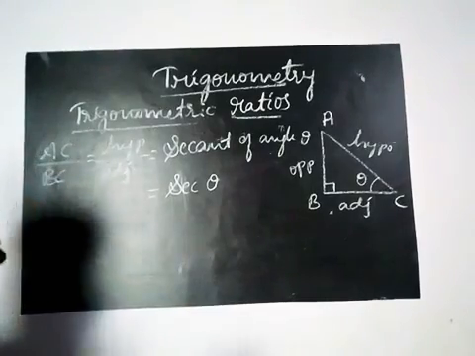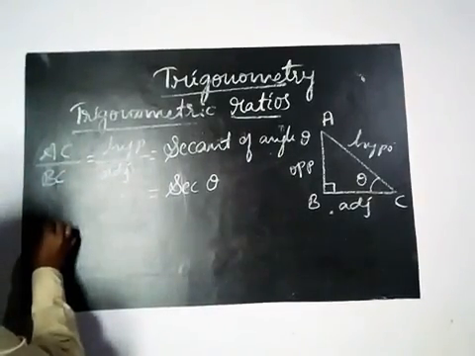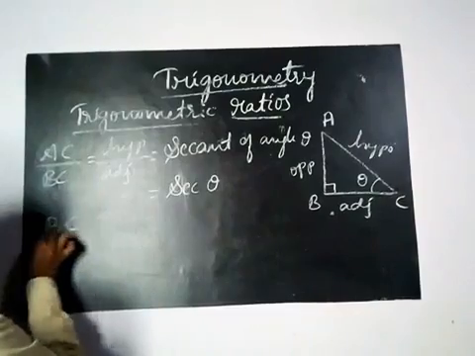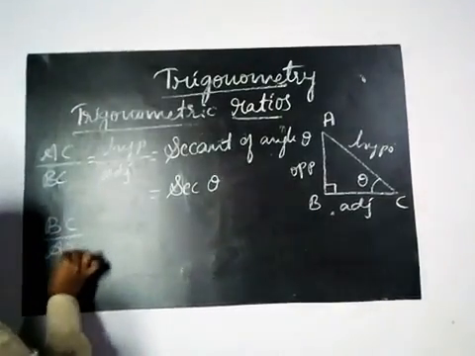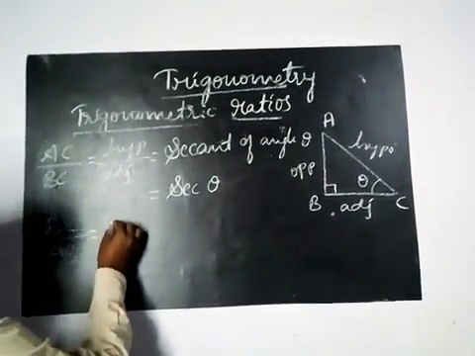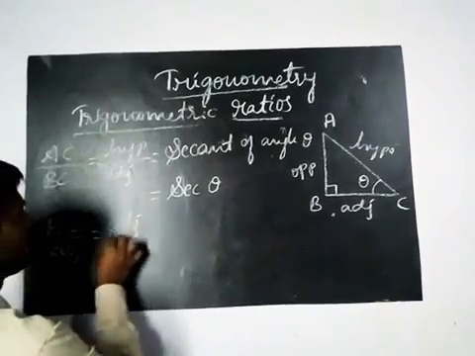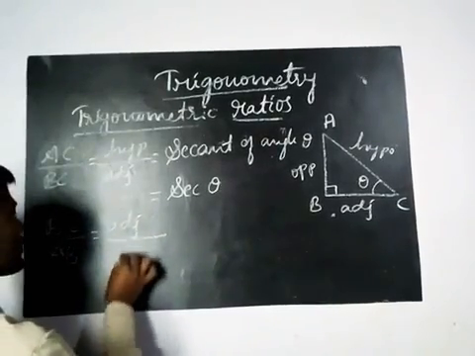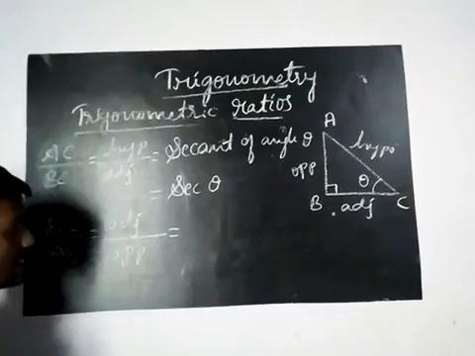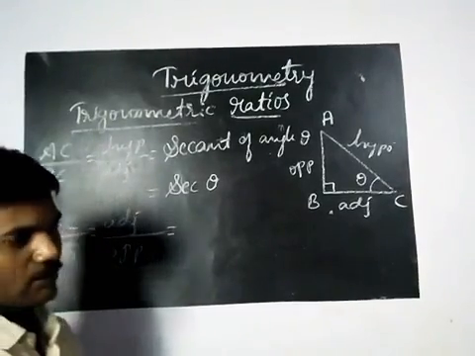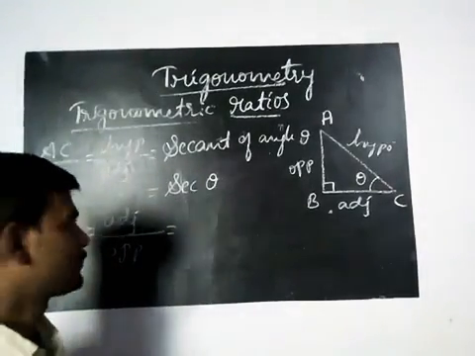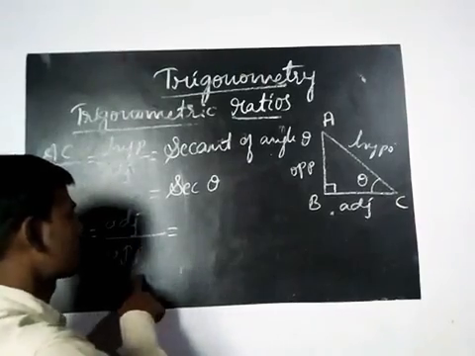And the next ratio is BC by AB. BC is adjacent and AB is opposite. It is the reciprocal of the third ratio we have discussed: adjacent side to the opposite side.